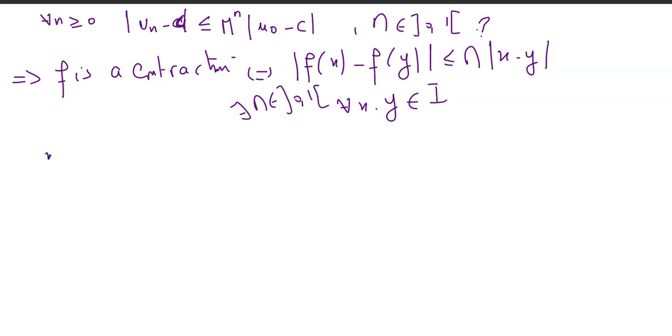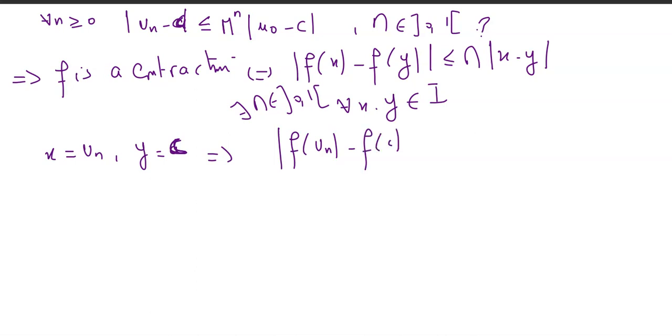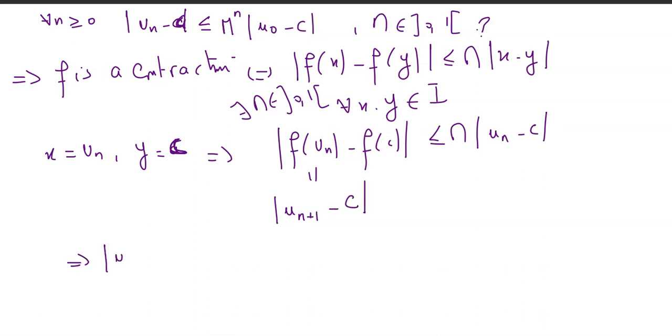So if we consider x equals un and y equals c, the fixed point, this means that the absolute value of f of un minus f of c is less than m times the absolute value of un minus c. And this, of course, equals the absolute value of un plus 1 minus c. So here we have the absolute value of un plus 1 minus c is less than m times the absolute value of un minus c.